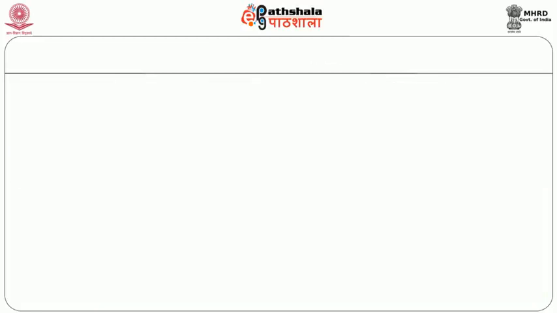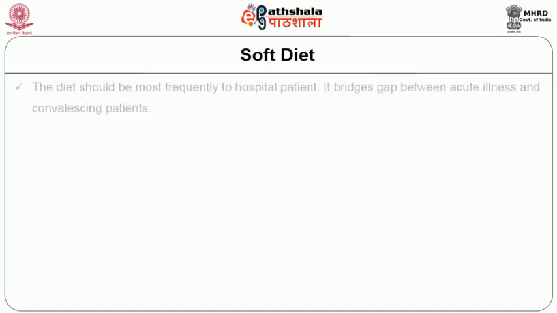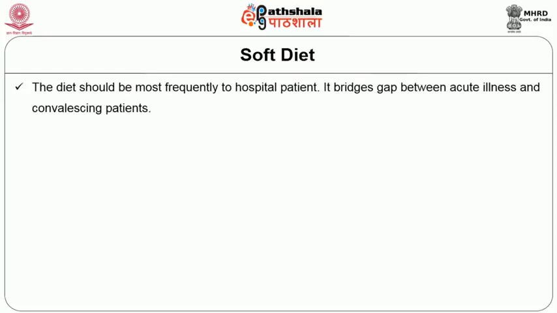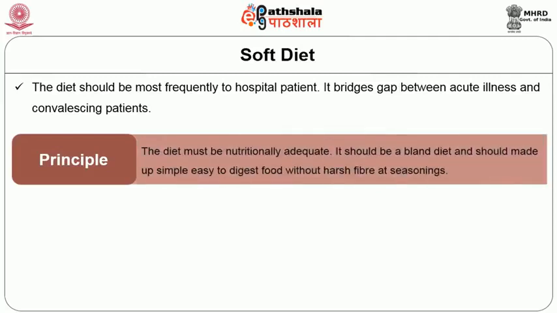Now, when the person is more suited to it, the next type of diet is the soft diet. This is the diet most frequently followed for hospital patients. It usually bridges the gap between the acute illness and the convalescing stage. The diet must be nutritionally adequate.